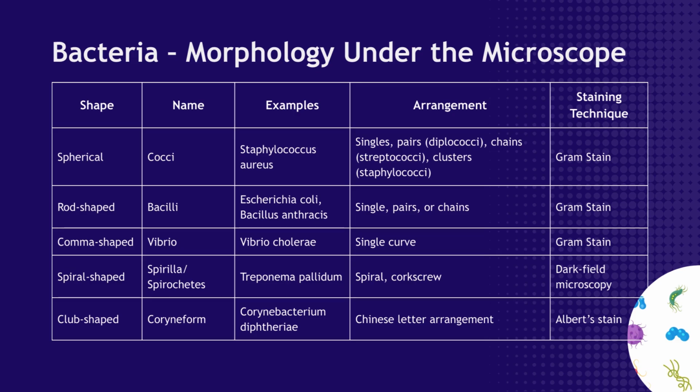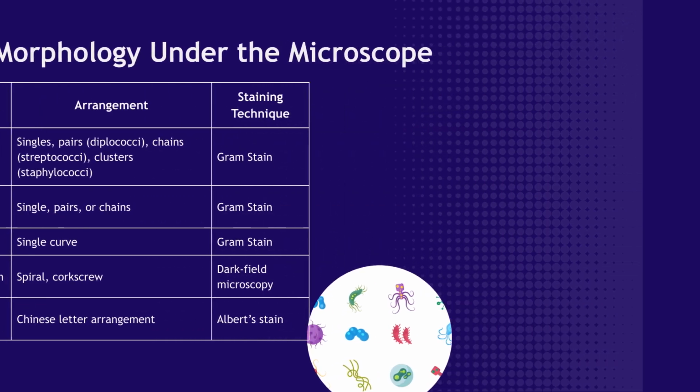Comma-shaped, Vibrio cholerae, single curve; gram stain. Spiral-shaped, spirilla, spirochetes, Treponema pallidum; spiral, corkscrew; dark field microscopy. Club-shaped, Corynebacterium diphtheriae, Chinese letter arrangement; Albert stain.